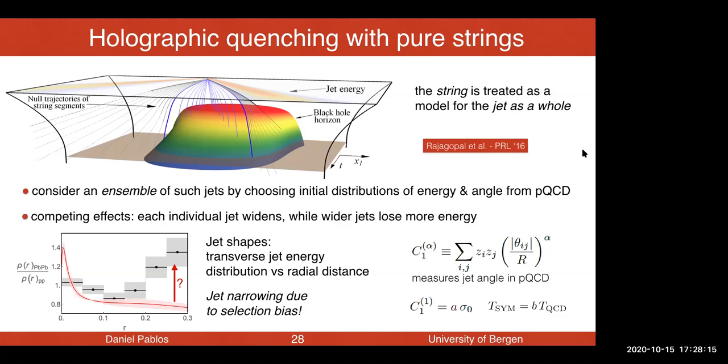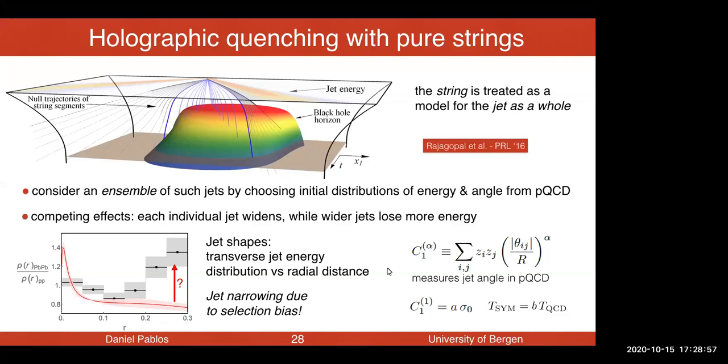If you take an ensemble of such strings and let them go through this black hole that evolves in time, you can arrange the initial properties of the ensemble of jets in such a way that they match perturbative QCD. So the spectrum is a power law spectrum, and the variety of widths is to some degree representative of the variety of widths measured with respect to QCD.